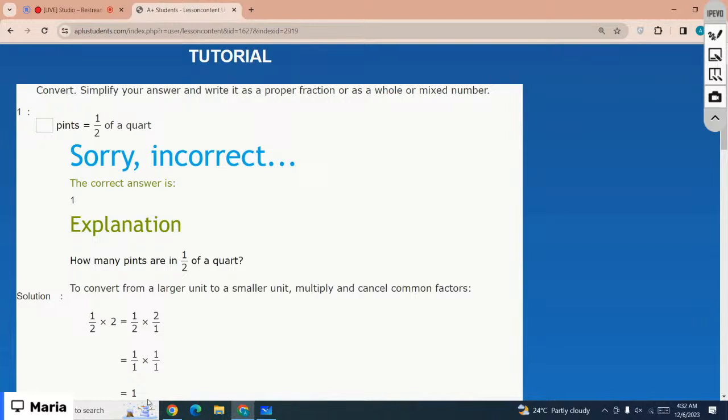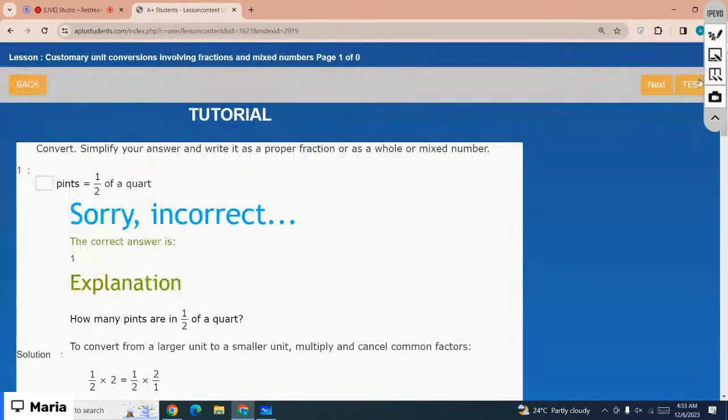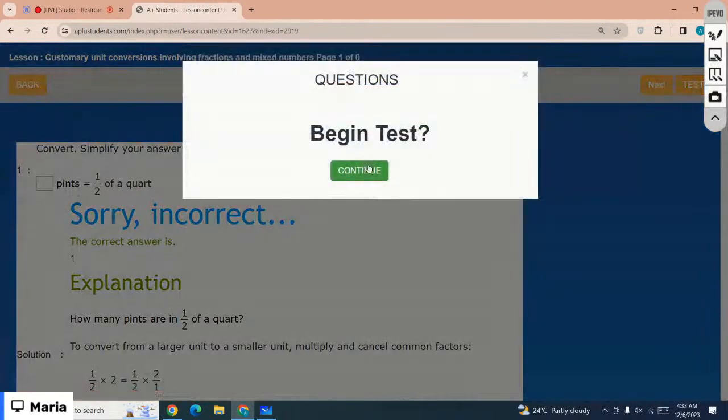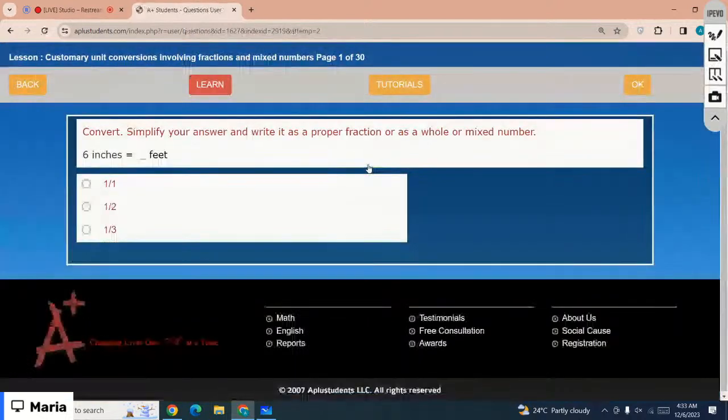Let's just start with the test questions, right? Basically, you have to apply those conversions we just learned from the last lesson. You have to convert from inches to feet. 6 inches equals how many feet?